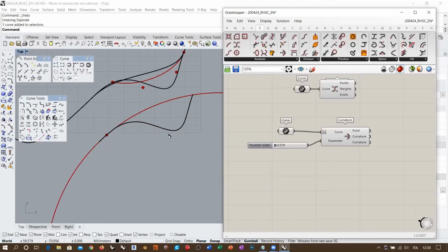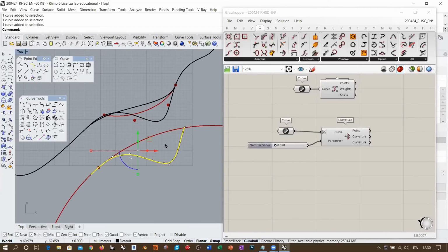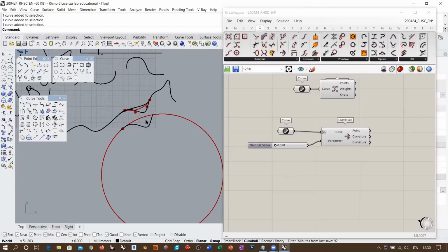Okay, so this is the difference between this blend curve and this arc curve. So you can regularize the NURBS geometry in order to make it more easy to be produced or manufactured in the real life. Okay, but of course you pay the price in terms of some deformation.